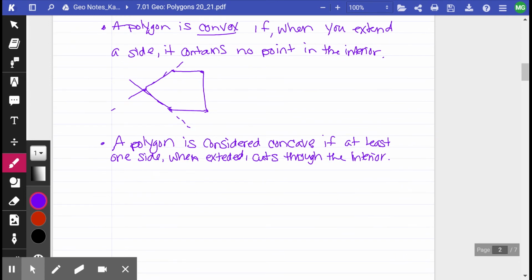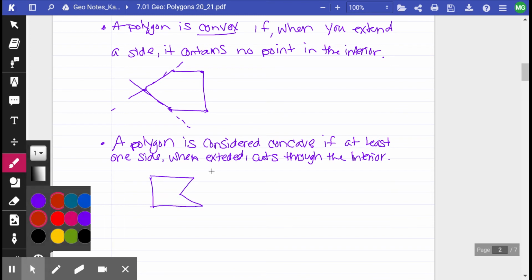For example, something like this. So if I were to extend one of these sides like here, it actually cuts through right here, the inside of that figure.